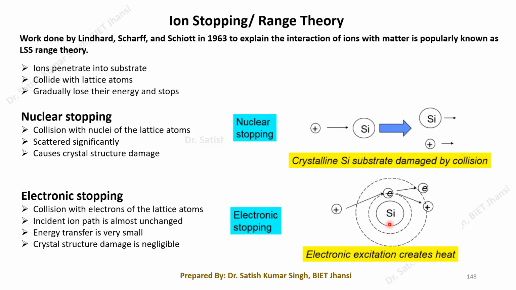After the collision with the electrons, it will depend on whether it is a non-local or a local interaction. There is very little chance that the path of the ion beam gets deflected, or sometimes it doesn't get deflected at all. It depends on whether it is a local or non-local interaction with the electrons. This way, your ion beam is going to stop or lose its energy.